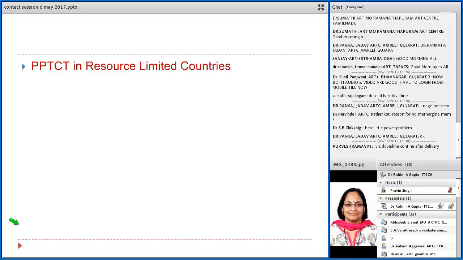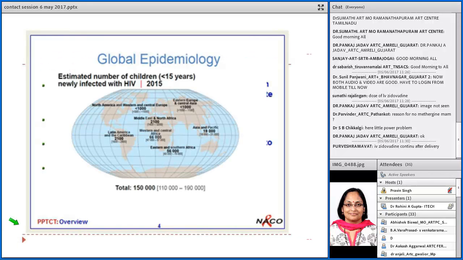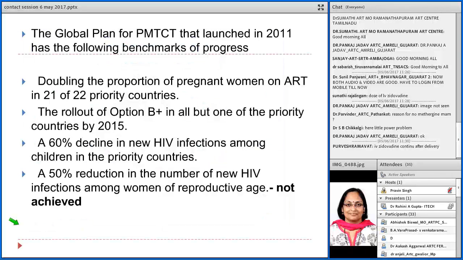Now we talk about PMTCT, prevention of parent-to-child transmission, in resource-limited countries. This is the global epidemiology, where the estimated number of children newly infected with HIV is 1.5 lakhs.